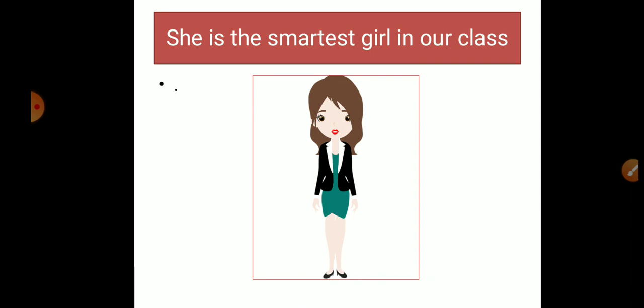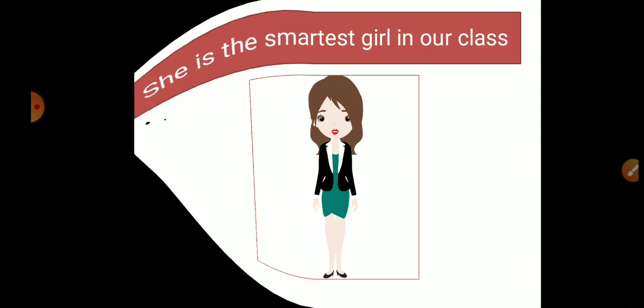If we transfer that sentence from superlative to positive, we add as and the word smart: no one in our class is as smart as she. This is the positive degree, because we want to say that no one is there, and that is why only she is the smartest girl in our class. So this is also an example of the superlative degree.